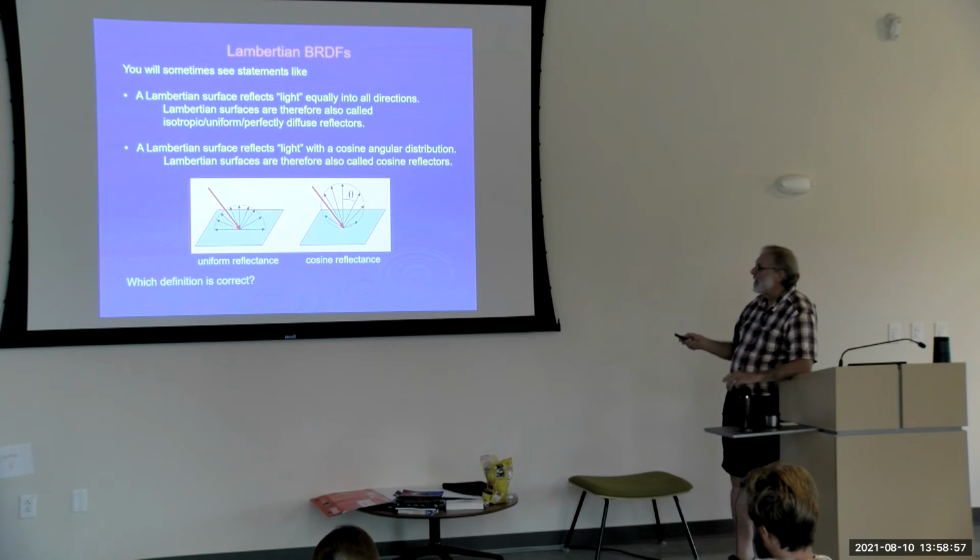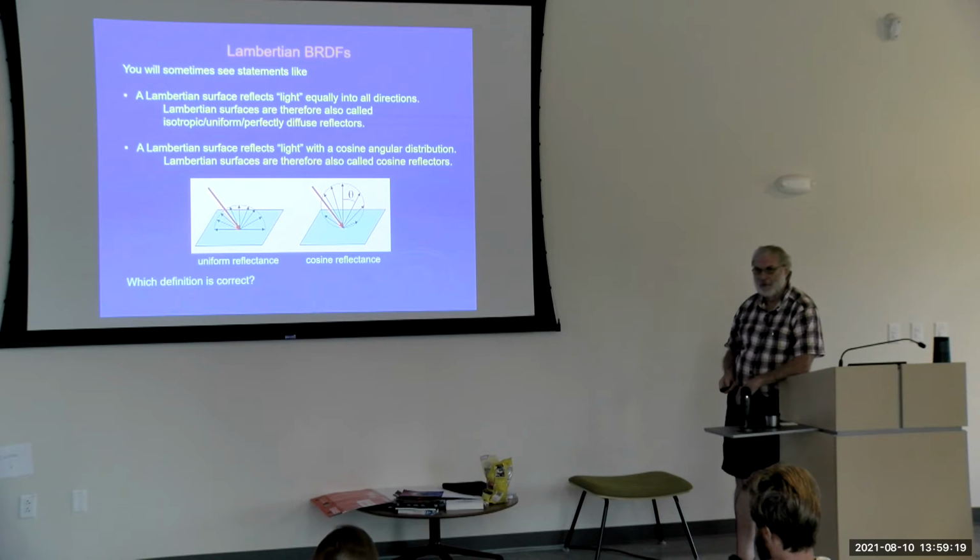Well, if I read a paper and it says it reflects light equally in all directions, I think of light coming in and going off the same in all directions. If it says it's a cosine reflector, I think of the light reflecting off in a cosine pattern. So which is right?